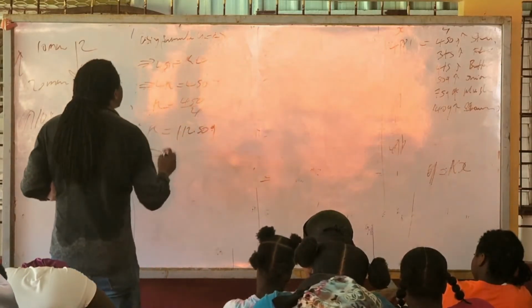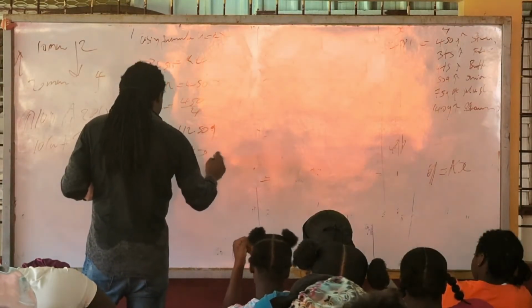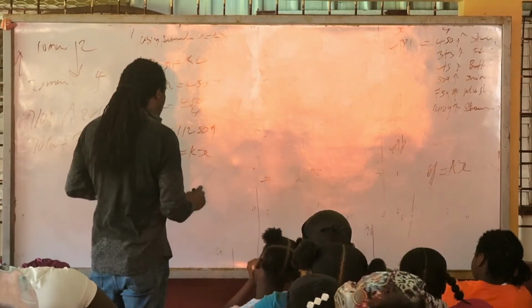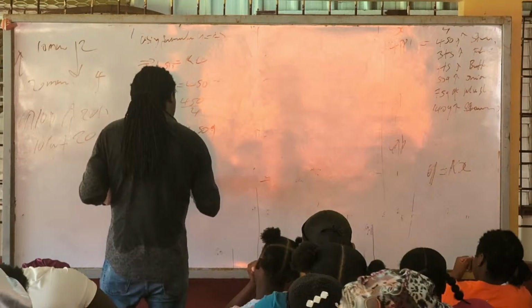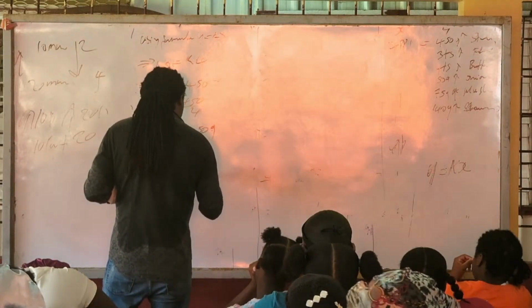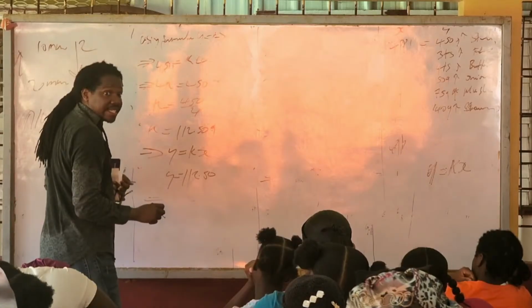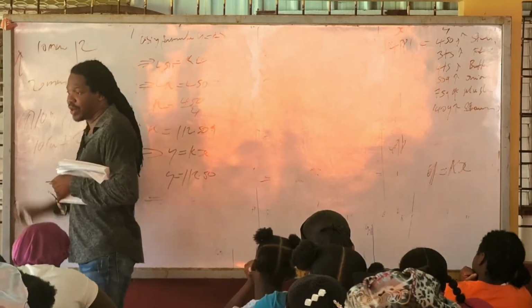This implies y equals kx. Do we know y in this case? No. Do we know k? 112.50. And do we know x? What is x? We don't work out 4 now, we work out 6.